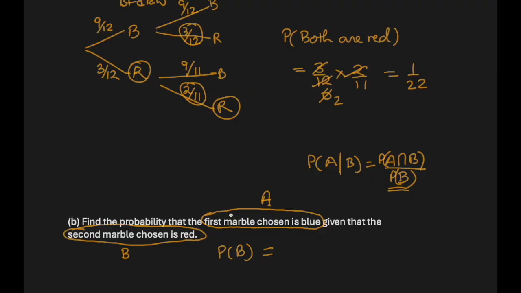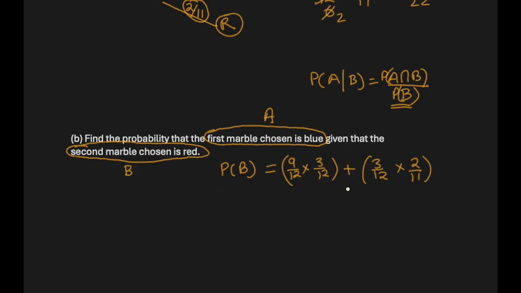So it will be the second one is red, so 9 over 12 multiplied by 3 over 12. Either this will happen, or, when we say or, because both the branches cannot happen, they are options of each other, the second one will be 3 out of 12 times 2 out of 11. First one is red and second one is red again. Okay, this is the probability of B.